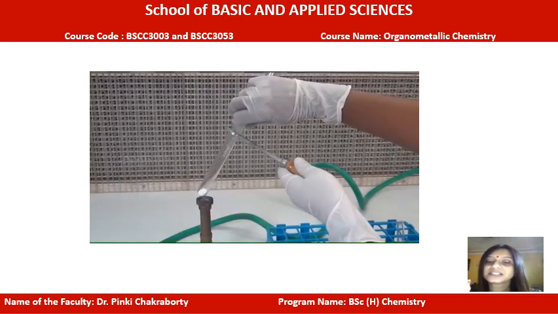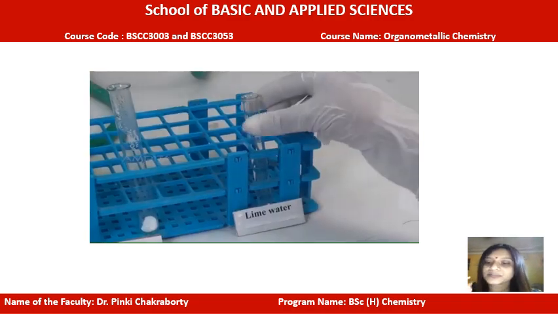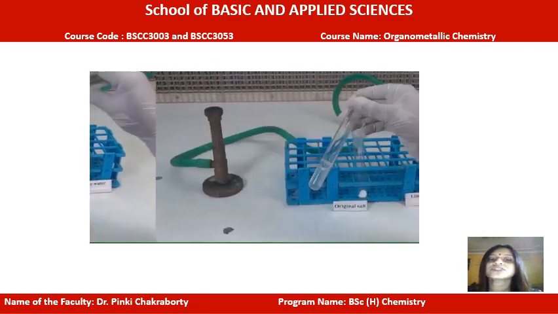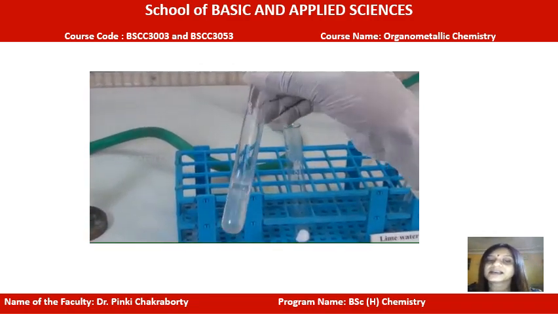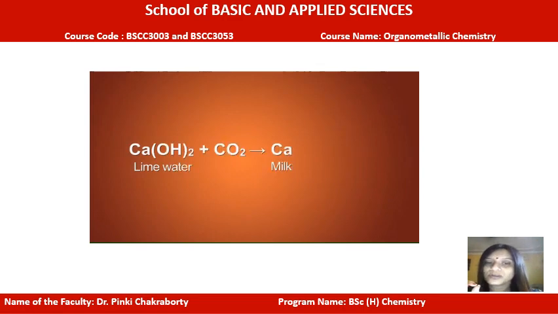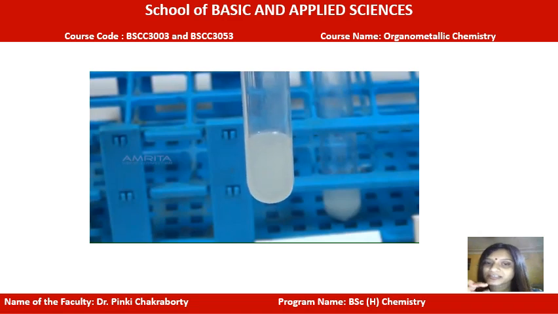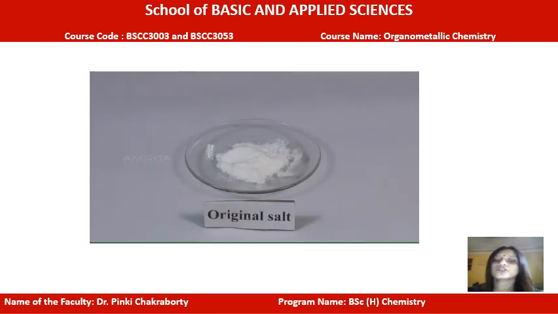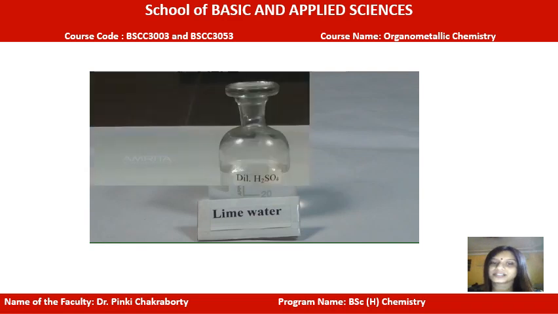On heating, the carbonate anion present in the inorganic salt decomposes to release carbon dioxide gas. That gas is collected in a test tube, to which the lime water is added, and as you can see in the reaction, it turns milky because of the formation of calcium carbonate.